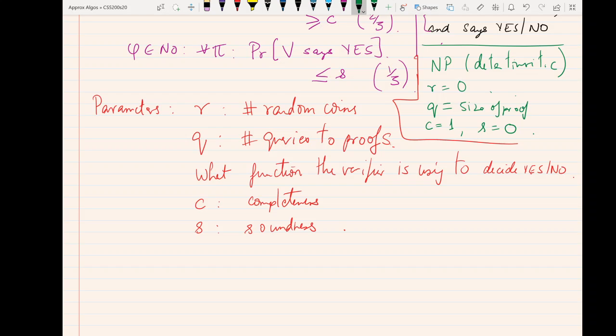So clearly what we would like to do is, by introducing randomness, we want to make this small. Keep the function that we use simple, but I will not mention that in too much detail at this point. The completeness we want to make large and as close to 1 as possible. And the soundness we want to get down to 0.